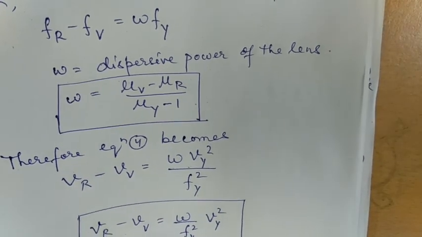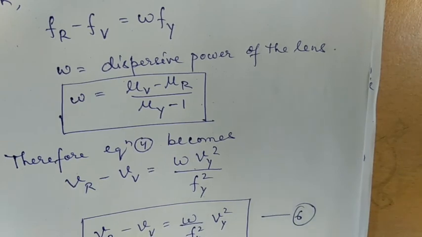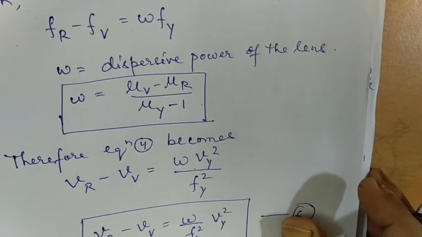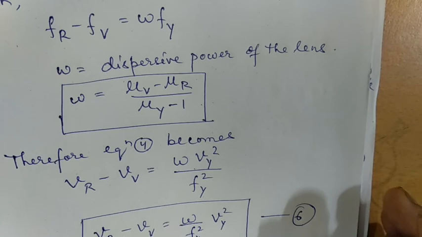This can be the final relation for the longitudinal chromatic aberration when an object is at finite distance.